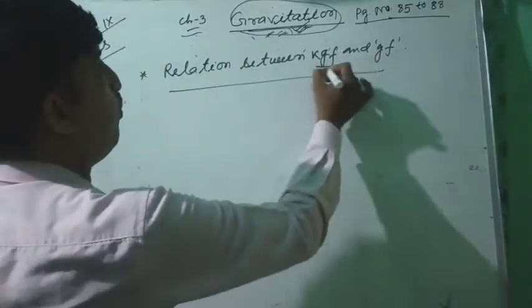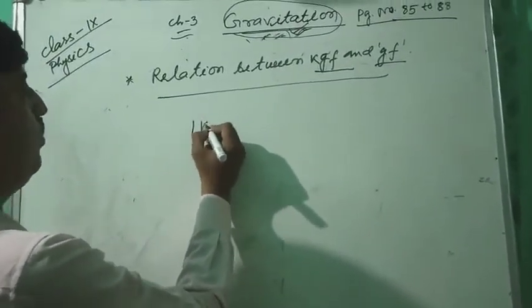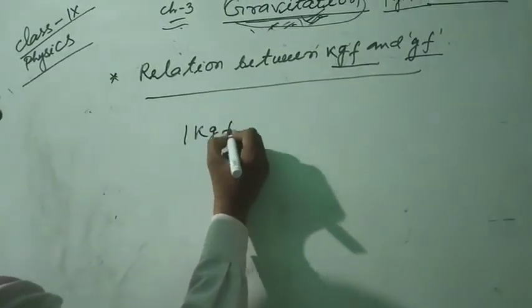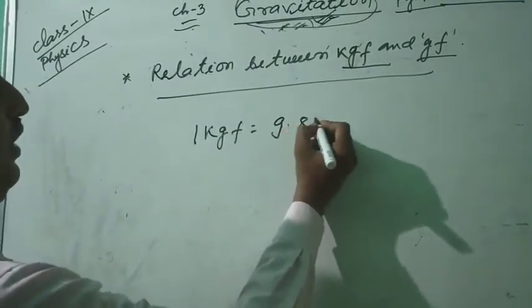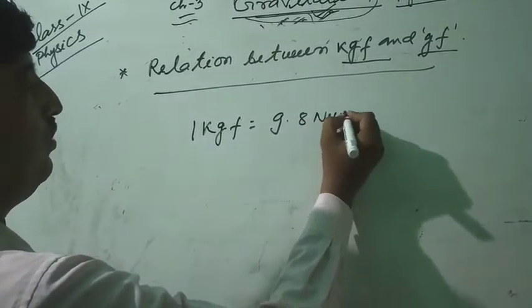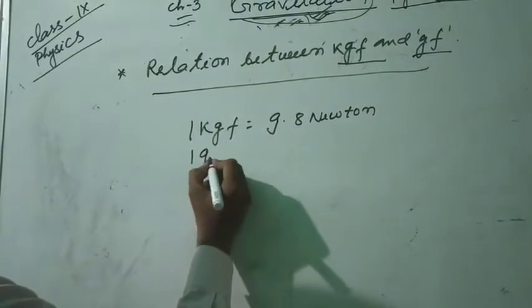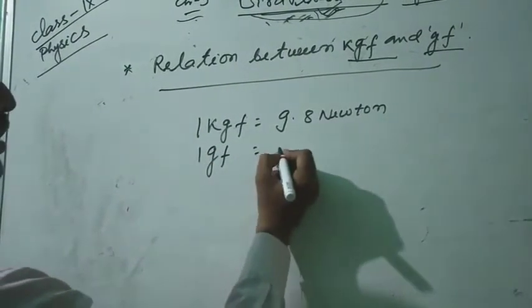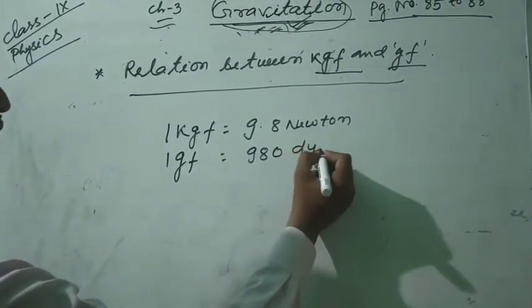Now we find the relation between kilogram force and gram force. We know that 1 kilogram force is equal to 9.8 Newton. And 1 gram force is equal to 980 dyne.